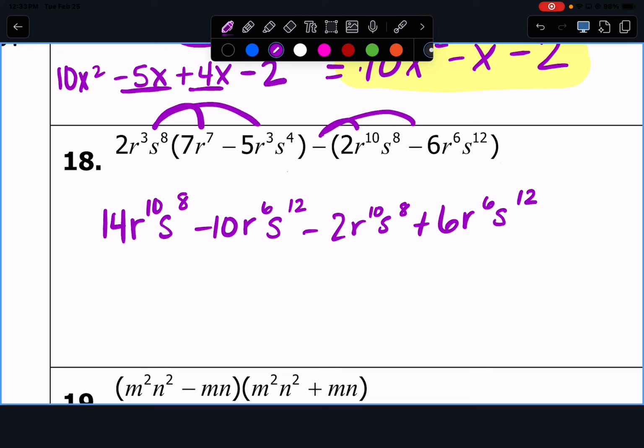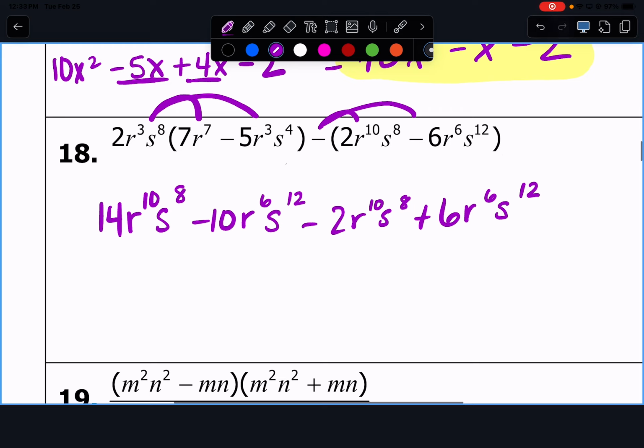Do we have like terms? What are they? Which one would need to go first? Would you go alphabetical order with the biggest exponent? So does R come before S or S come before R? R. R goes first, right? So R, which one has the biggest R exponent? 14 R to the 10. Yep. So that one, and what's its like term?